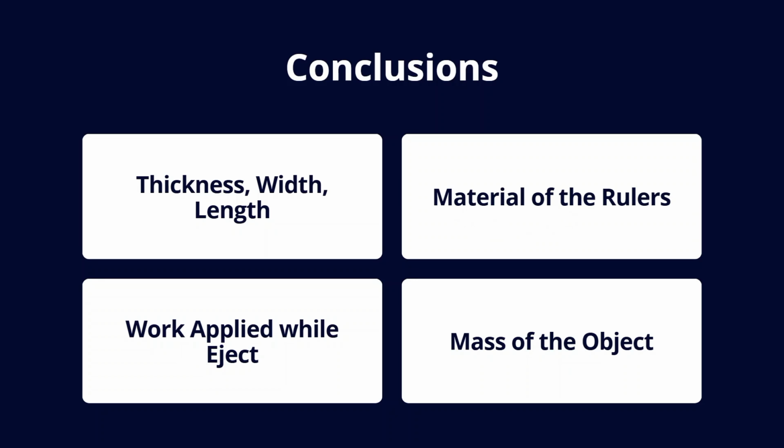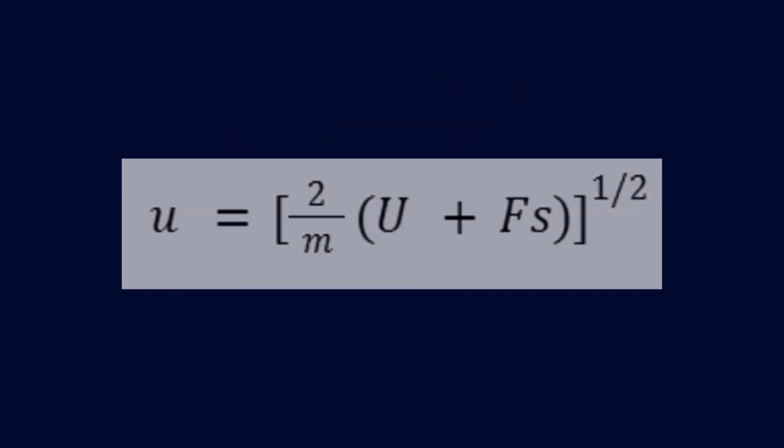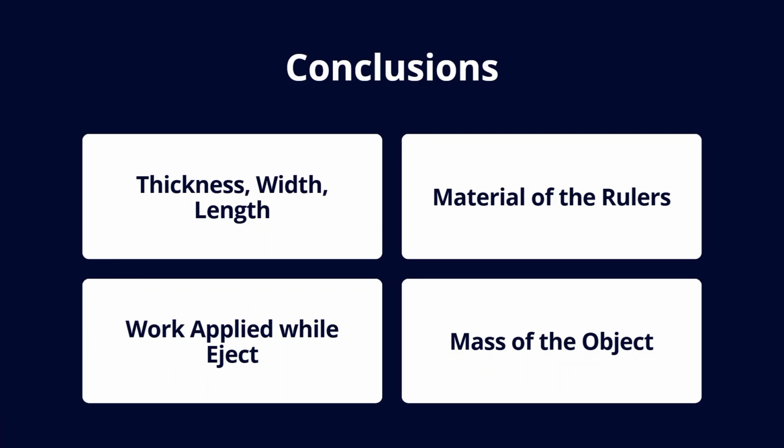These two are going to affect the U, or the strain energy value of the rulers, which can cause the difference in the velocity value. And then there's also an effect from the work done applied while ejecting that can cause the velocity to increase or decrease.